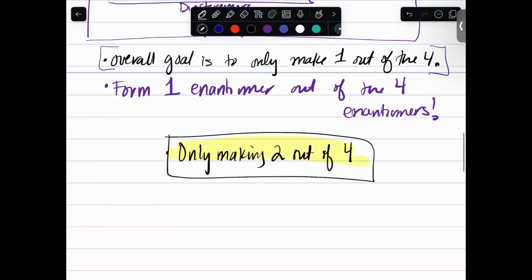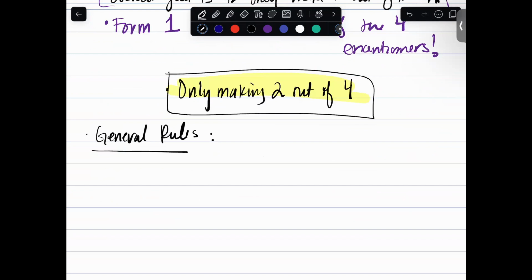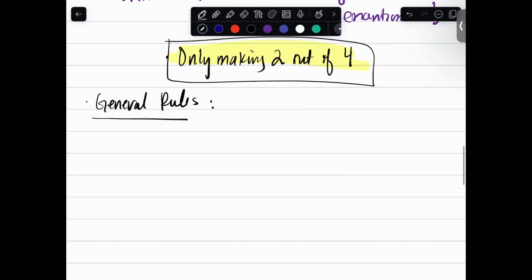Okay. And so there are a couple of rules when it comes to this. And so the first step of our reaction was to deprotonate, right? And I told you that you will either form the Z-enolate or the E-enolate.